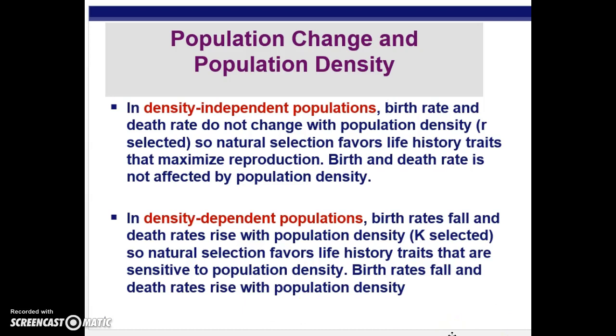So we're going to be looking a little bit more at this R-selected and K-selected. And what that really is referring to is whether a population is density independent or density dependent. So it would make sense if you have a lot of offspring being reproduced with that R reproductive strategy, that means that population is not really influenced by how dense it is.